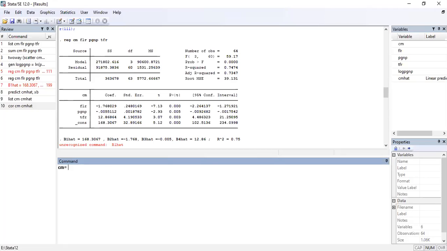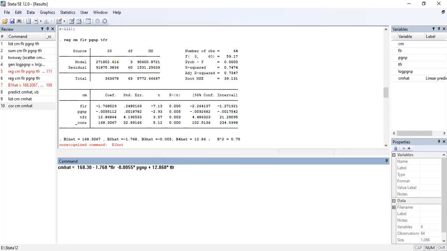CM hat equals what? 168.30 minus 1.768 multiplied by FLR, minus 0.0055 multiplied by PGNP, plus 12.868 TFR. This is the estimated line.